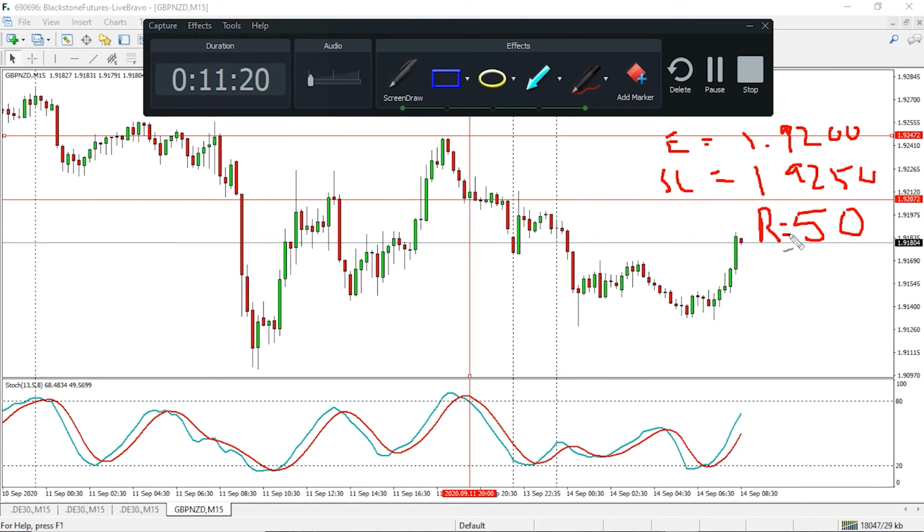In this particular strategy, again, we're looking at 1R, so that being 1 times 50, we're looking for 50 points as my take profit. Therefore, my take profit, or my exit target, is 1.9150. Okay, so pretty self-explanatory.